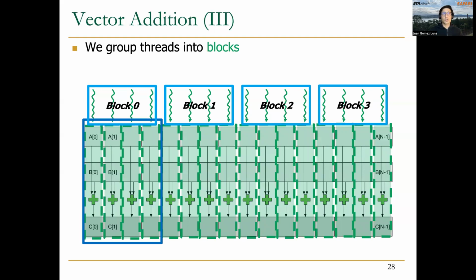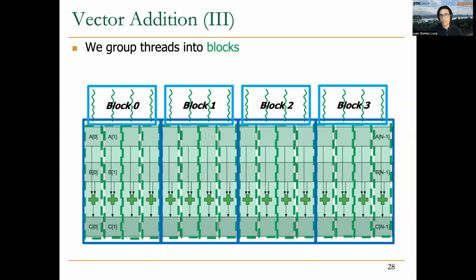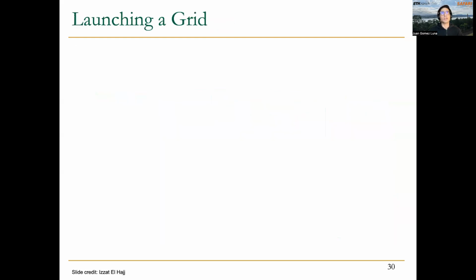And this is the computation done by block 0, by block 1, by block 2, and by block 3. In this toy example, we have just 4 threads per block. Normally, we will have at least 32, that is the warp size on NVIDIA GPUs. And more typically, we will have a multiple of this warp size of 32.